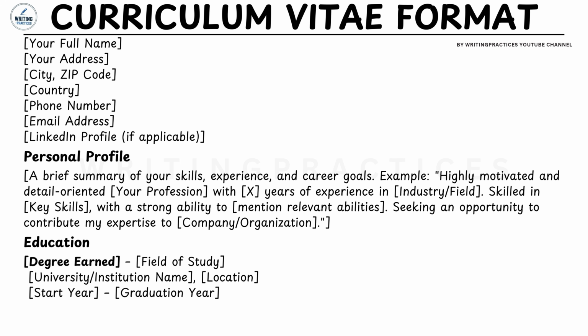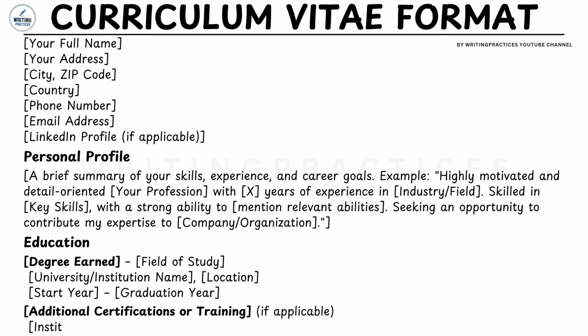For example, Bachelor of Science in Computer Science, University of California, Los Angeles, UCLA, Los Angeles, California, 2018 to 2022. If you have completed additional certifications or training programs, list them here as well. For example, Certified Digital Marketing Professional, Google Digital Garage, 2023. This section is especially crucial for recent graduates or those applying for academic or research positions.